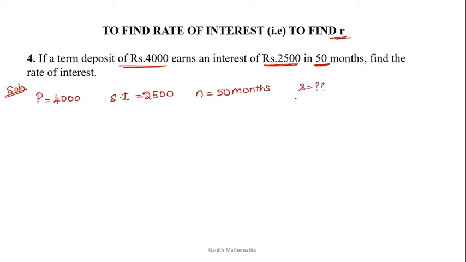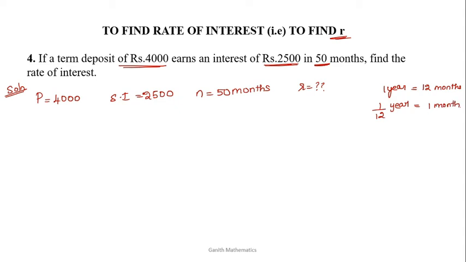Before that, we are going to learn a small thing. We know that 1 year has 12 months, right? So 1 by 12 year is 1 month.